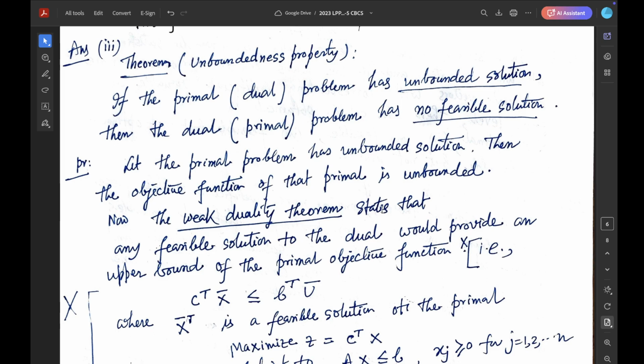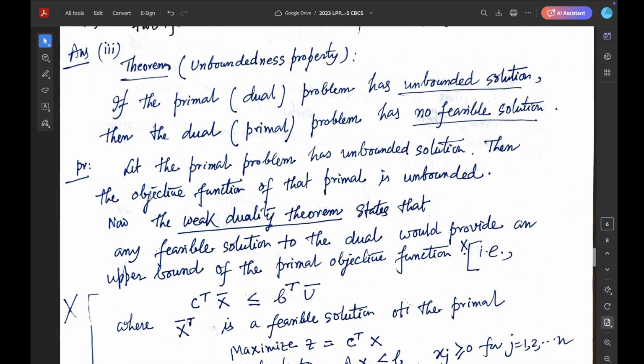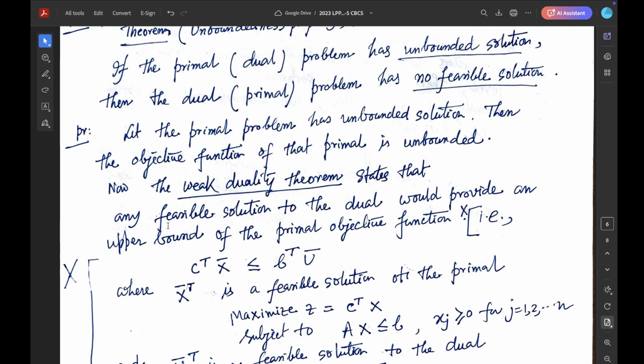Actually, this is the proof for this theorem. If the primal problem has an unbounded solution, then the objective function of that primal is unbounded. Now, the weak duality theorem states that any feasible solution to the dual would provide an upper bound of the primal objective function.